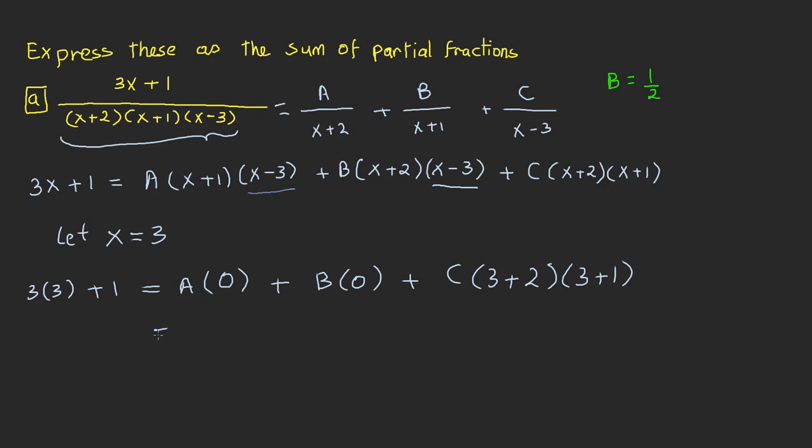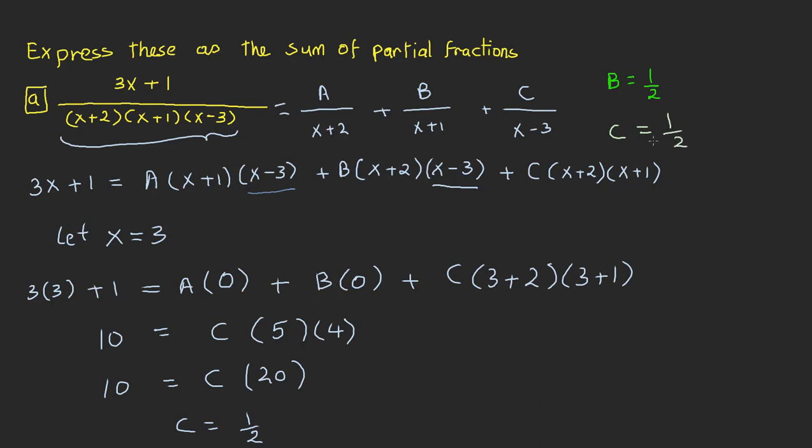So we have 9 plus 1 is 10, and c times 5 multiplied by 4 is 20c, so c equals half. We can write it here: c equals half.